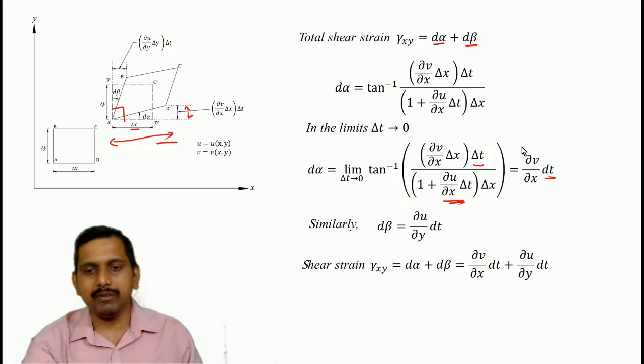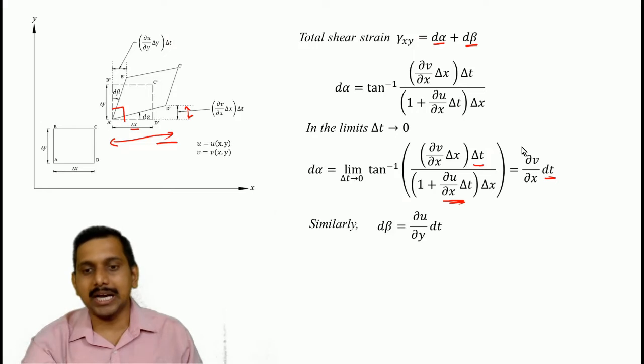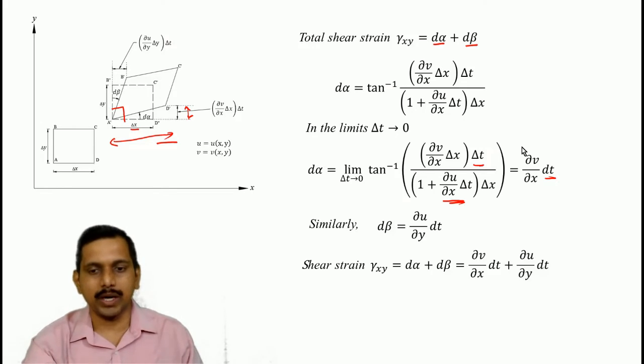Similarly we have d beta equal to dou u by dou y into dt. The total shear strain, which includes both the angles, is given by dou v by dou x into dt plus dou u by dou y into dt.